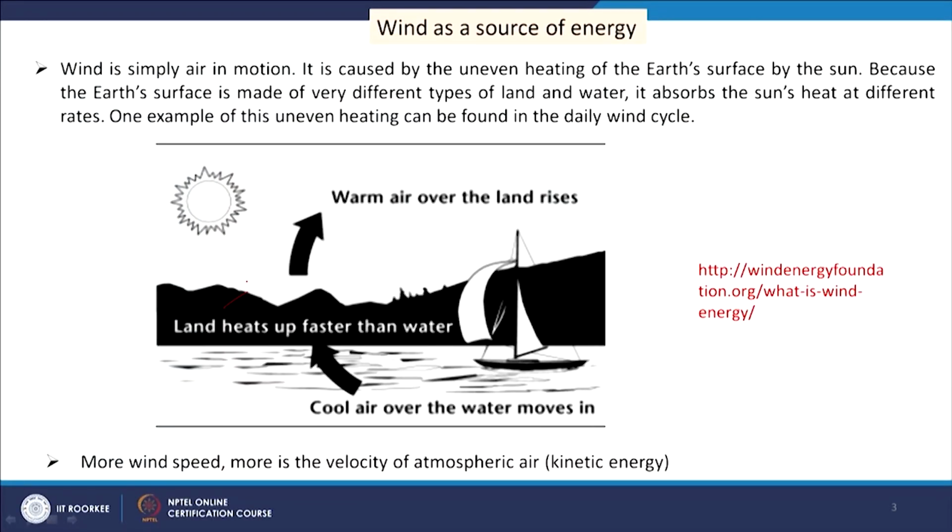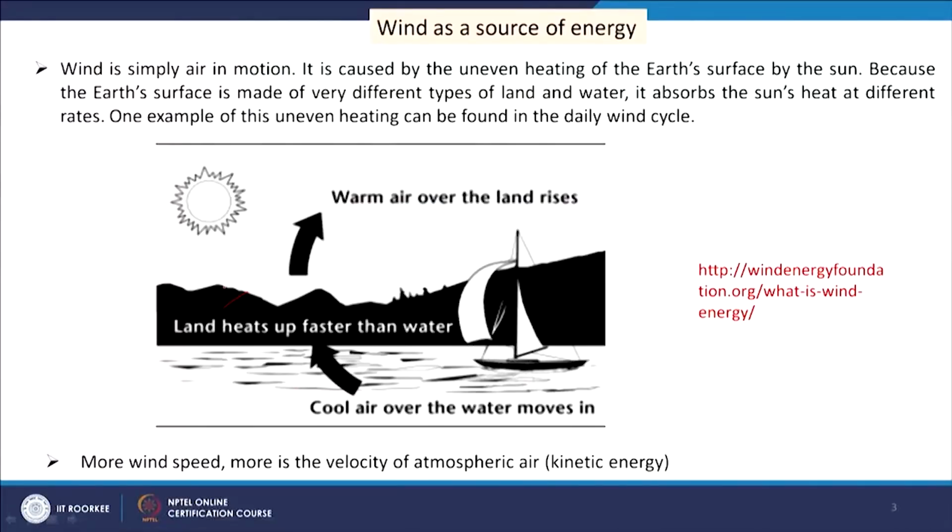Now, we will see wind as a source of energy. As you know, wind is nothing but the motion of air. Air gets some velocity because of the uneven heating of the earth's surface. On the earth's surface we have land area and we have water, and land and water are not equally heated. The land gets heated very quickly with respect to water, and again gets cooled very quickly.